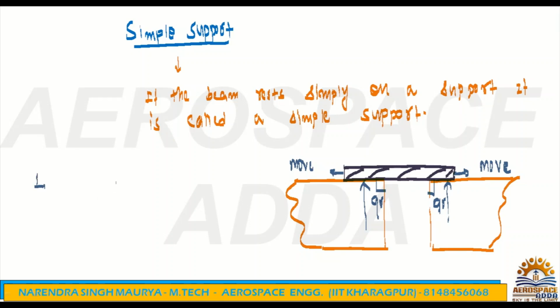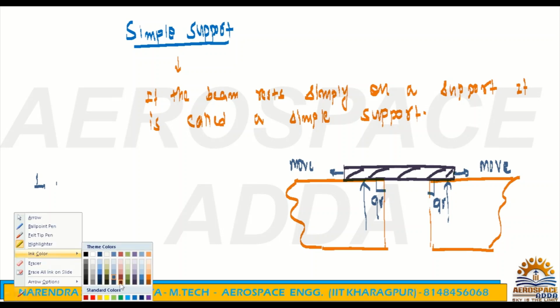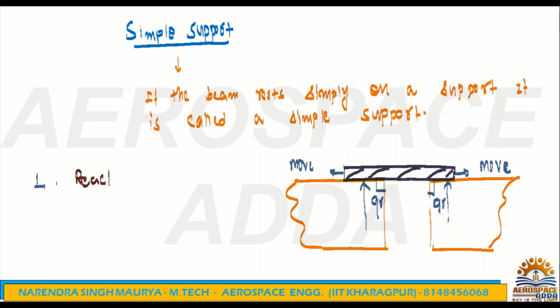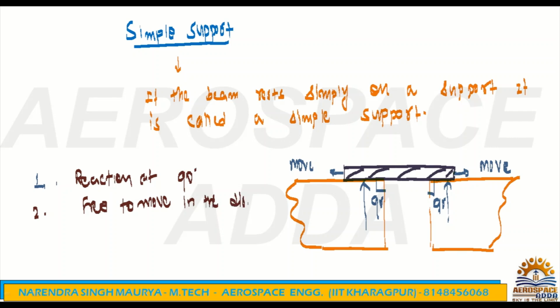Anyway, two points are very important. Number one, the reaction at 90 degrees. Number two, free to move in the direction of its axis.